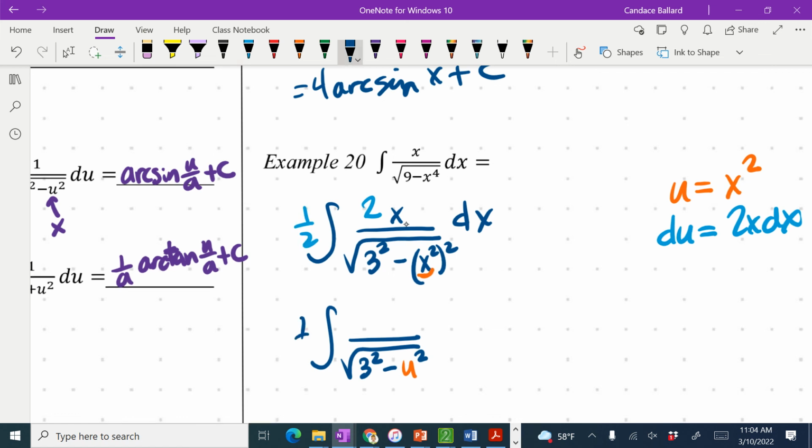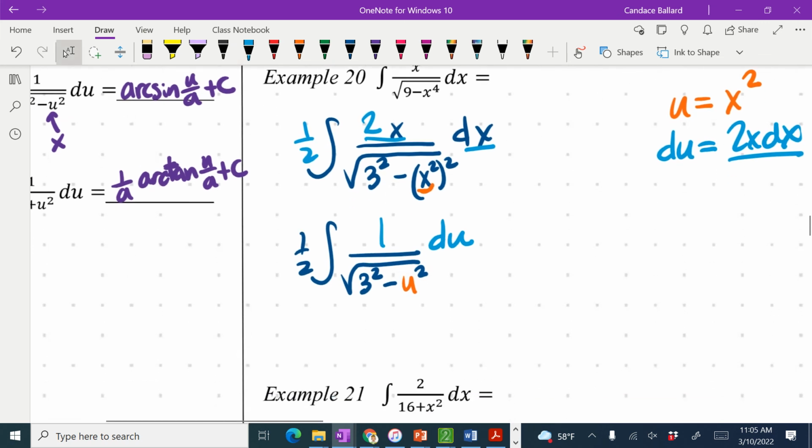So I got to add a 1/2 out there. All right. So I have the 2x dx, so I'm going to substitute in du for that part. Okay. The 1/2 is going to hang out.